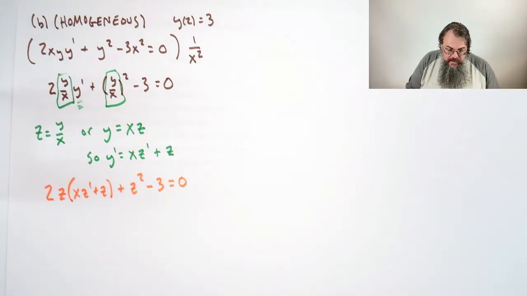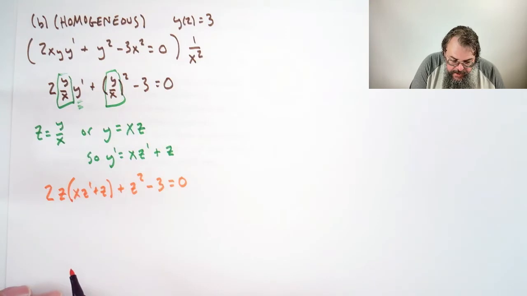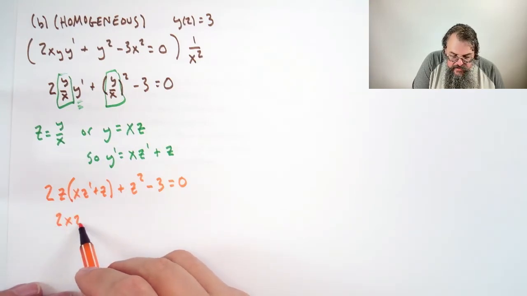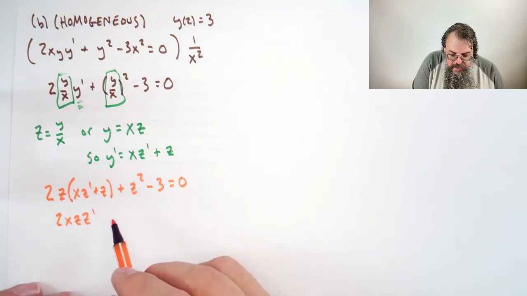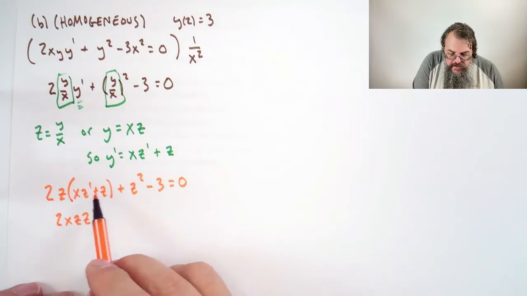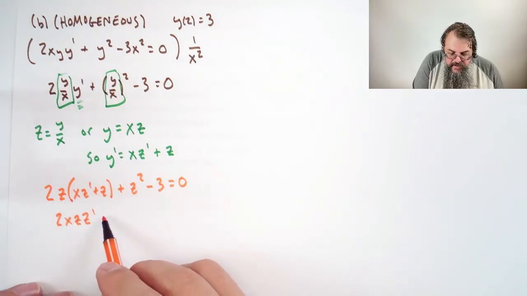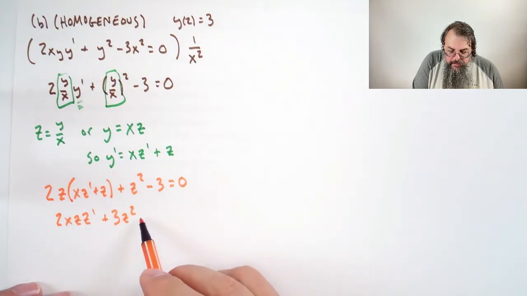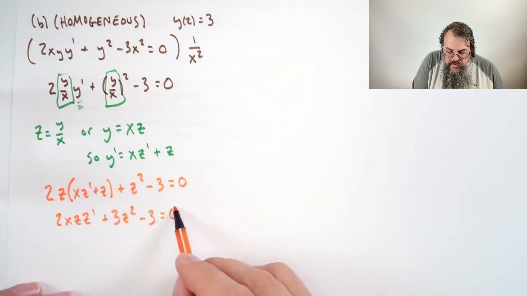Well, let's see what's going to happen. So we'll have 2xz z prime, and then plus 2z squared plus z squared. So that's plus 3z squared, and then minus 3 equals 0.